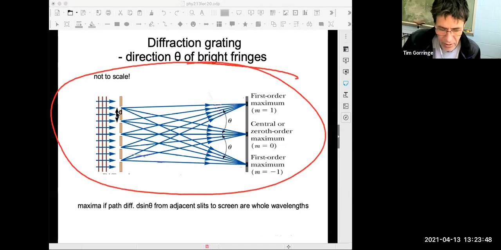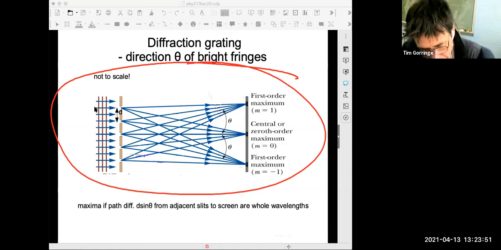So let's look at this diagram. Over here on the left-hand side, I've got red light, green light, blue light approaching a diffraction grating. On the diffraction grating, you see the obstacle here in brown. You see the little slits, one at the top, one below that, one below that, and so on.